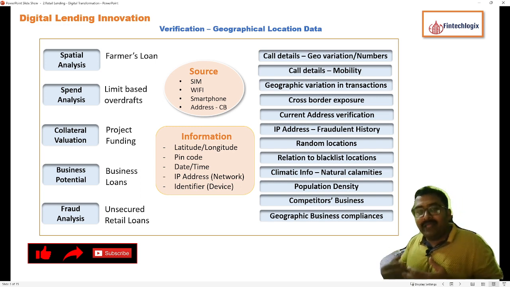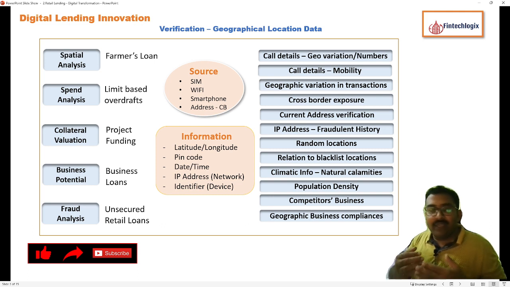But one thing to be given as a caution here is that we depend on the location data either from the device or the IP address, and in very few cases from your normal address which is given by the credit bureau.